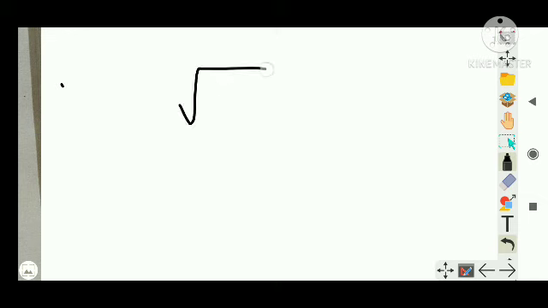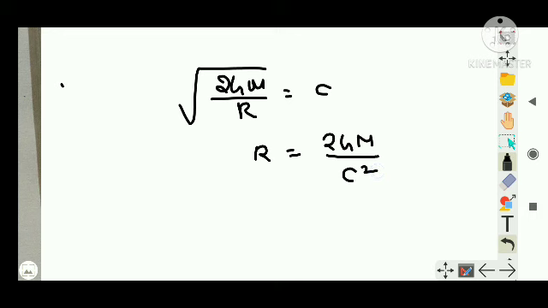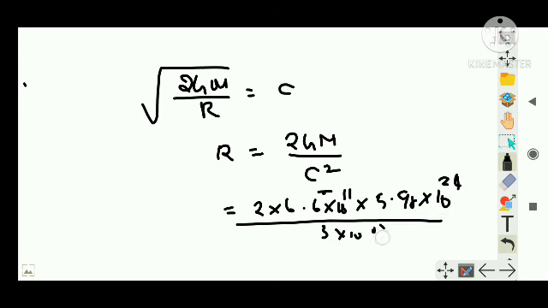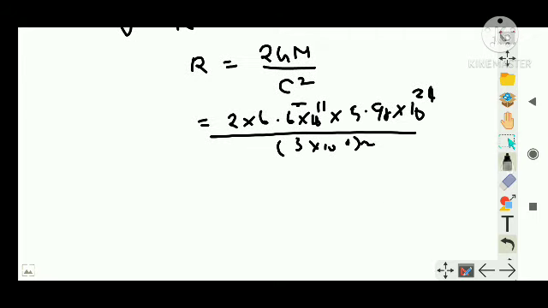That is root of 2GM by r on the surface is equal to c, that is the speed of light. So I can write r is equal to 2GM by c squared. So G is 6.6 × 10^-11, into mass which is around 5.98 × 10^24, that is given in the question. c squared becomes (3 × 10^8) whole squared. After the calculation you will get a radius of 10^-2 meter.